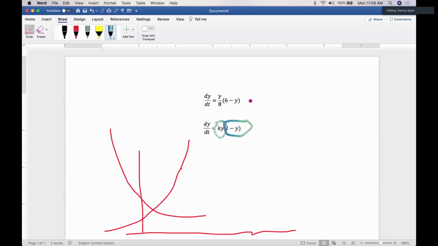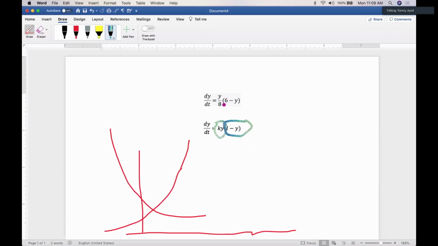So if you look at this, what would be that limit? 6. What is the constant K? 1/8, right? So if this is a population in thousands, like, for example, the number of deer in a forest, we say the maximum number of deer that could be in that place is 6,000.